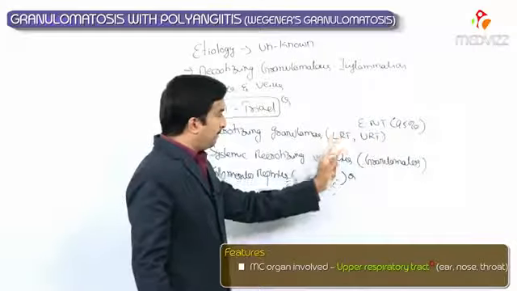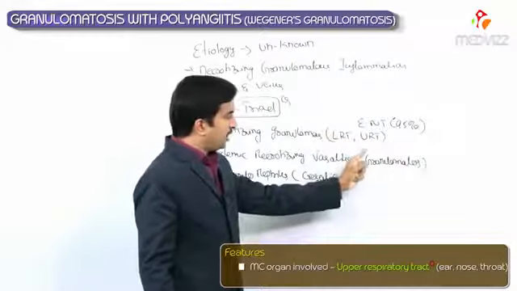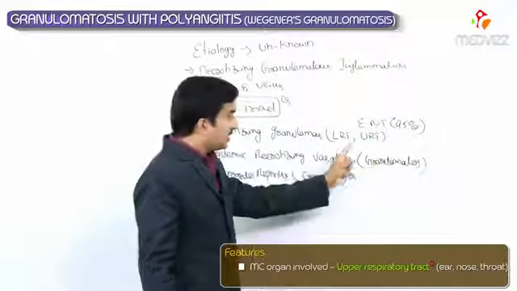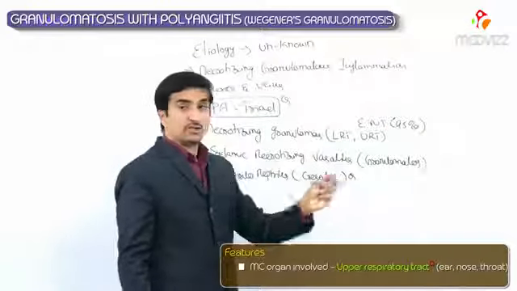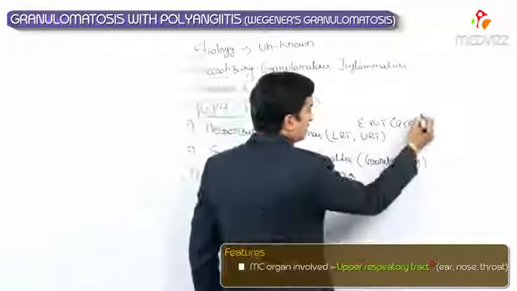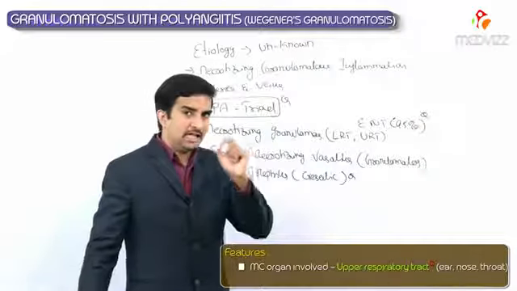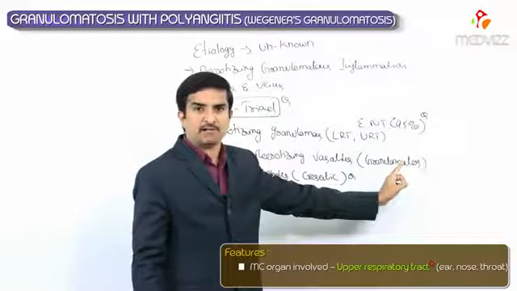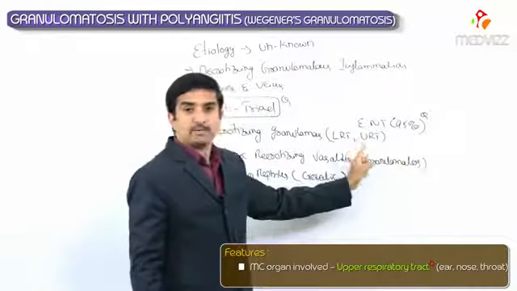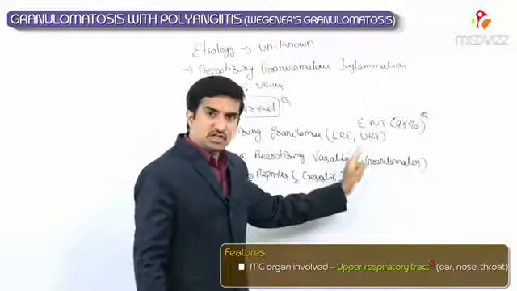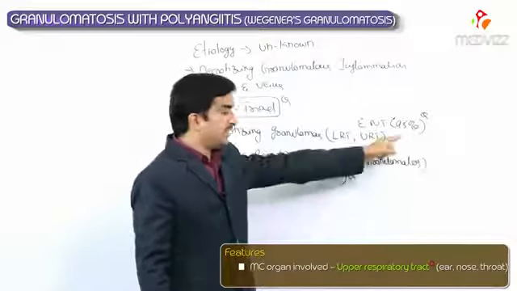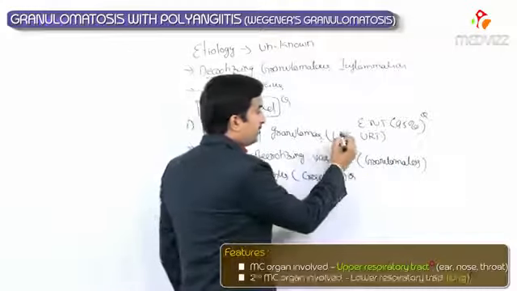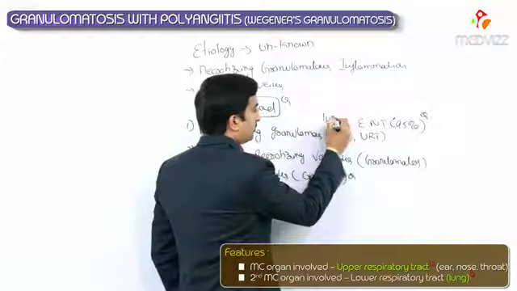This is the MCQ question: what are the initial manifestations of Wegener's, lung manifestations or upper respiratory tract manifestations? Upper respiratory tract manifestations are the initial and most common, seen in 95% of cases, followed by the lower respiratory tract manifestation, called lung manifestation.